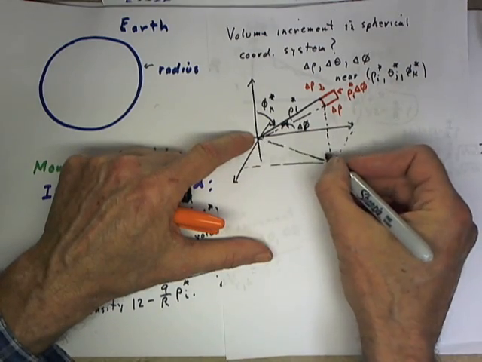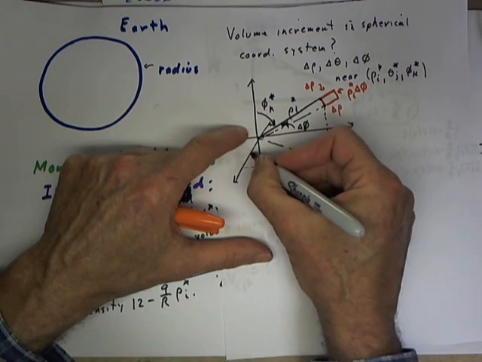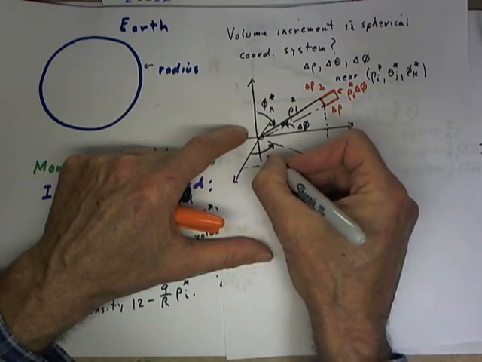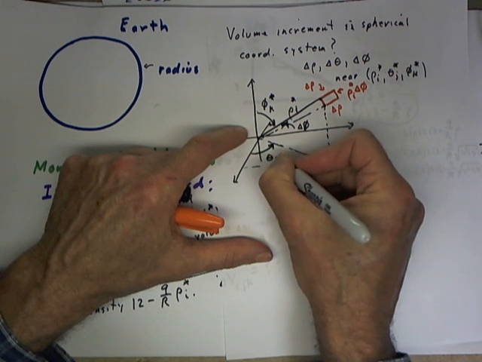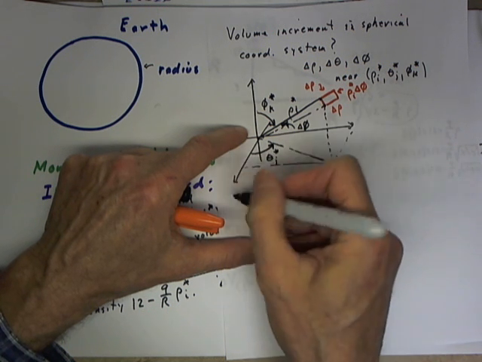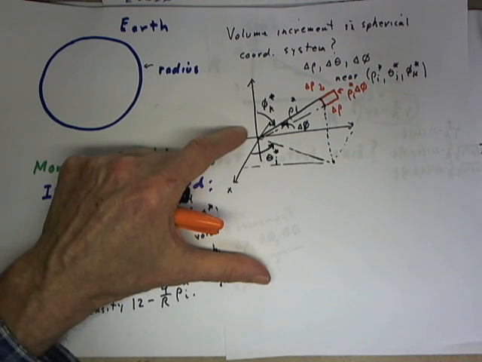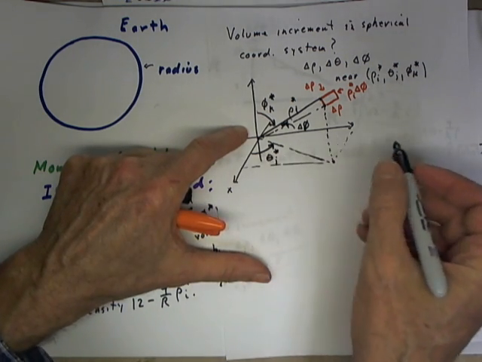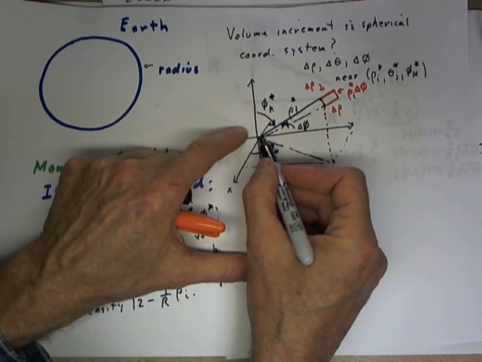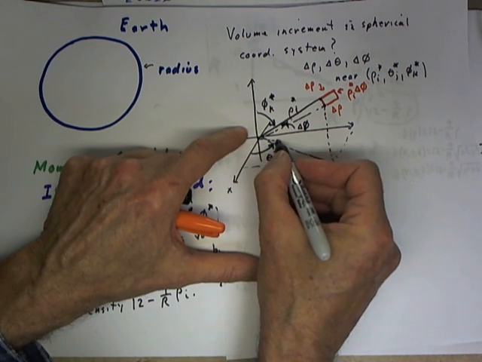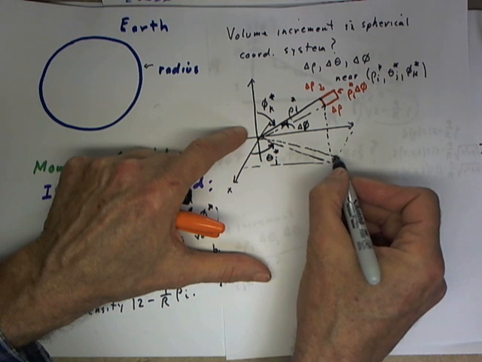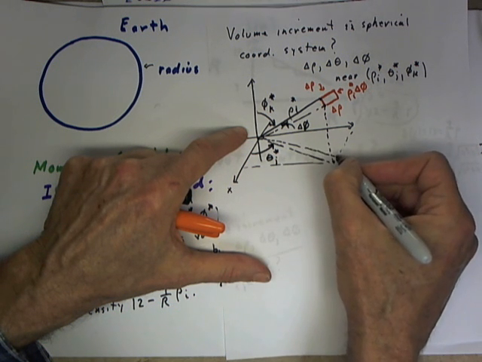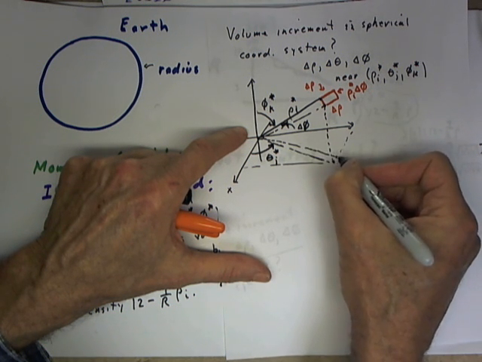And this line here makes angle theta j star with the positive x-axis. A change in theta then, let's just say that we have a delta theta that changes our theta in this manner.